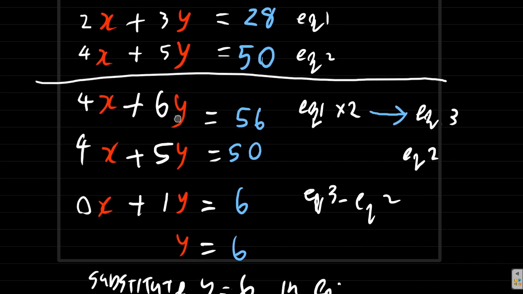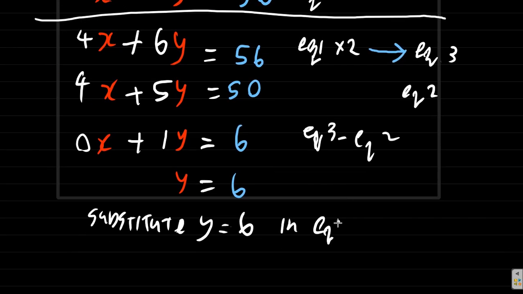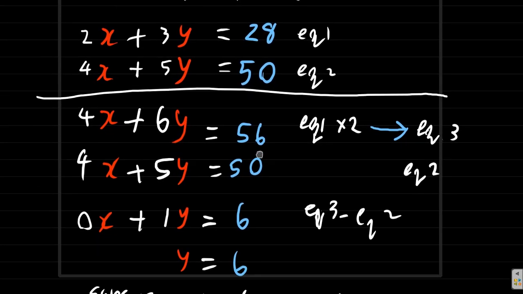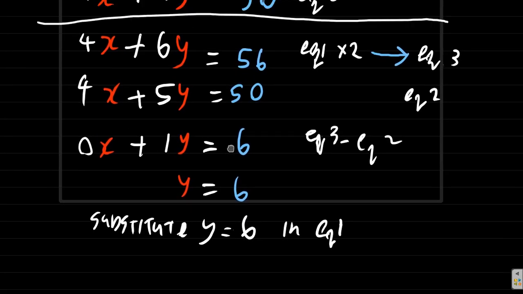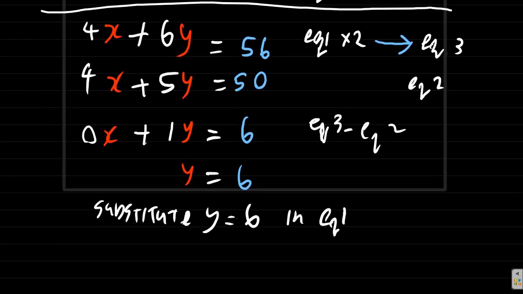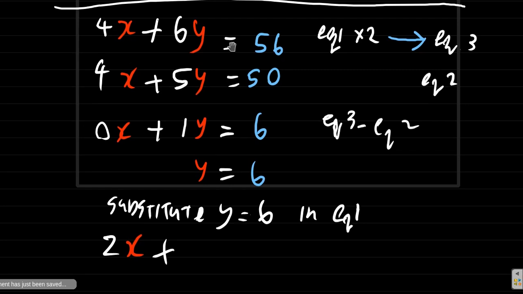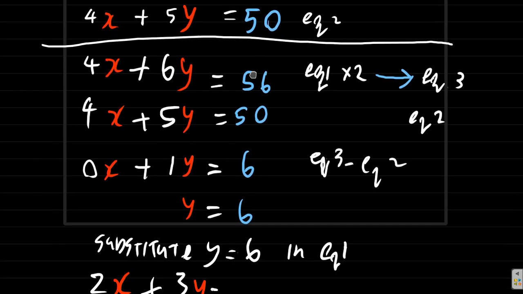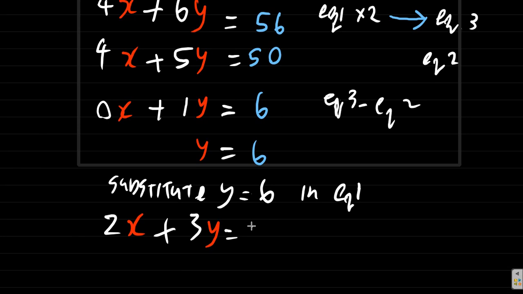So when you rewrite equation 1, you say 2 times x, so you say 2x plus 3y equals 28.